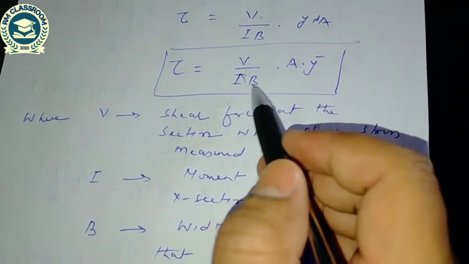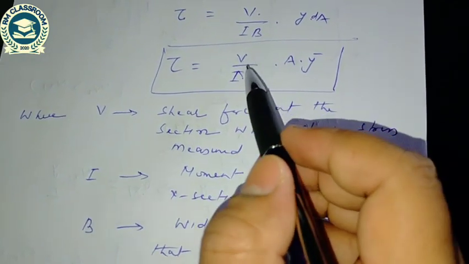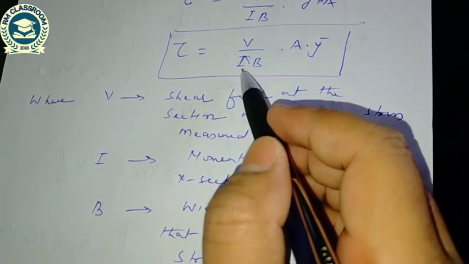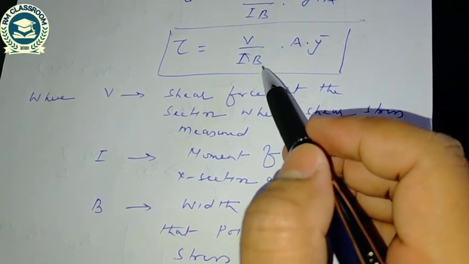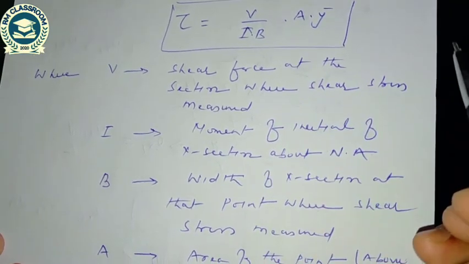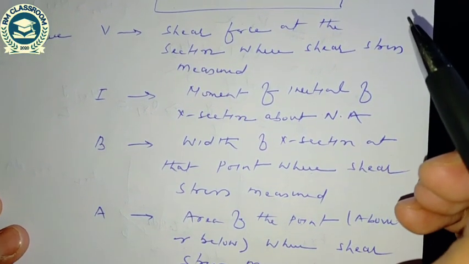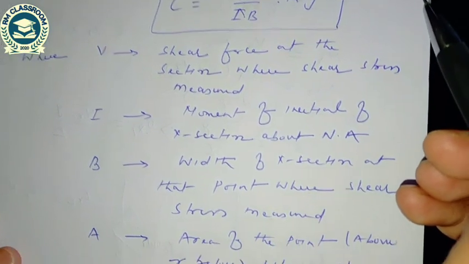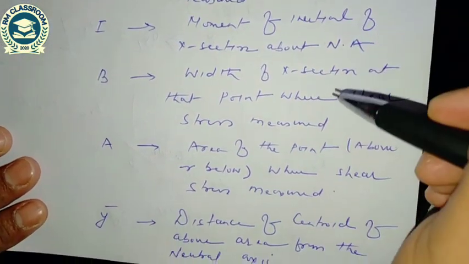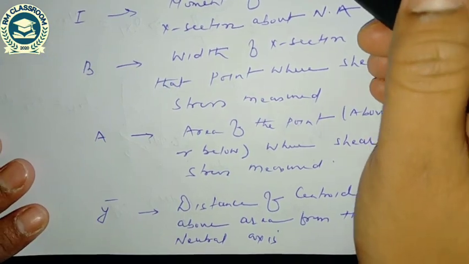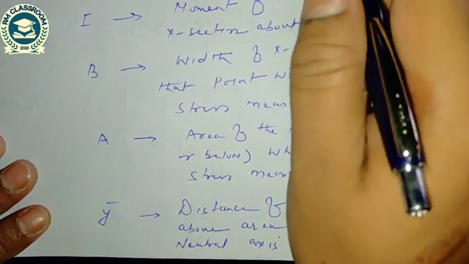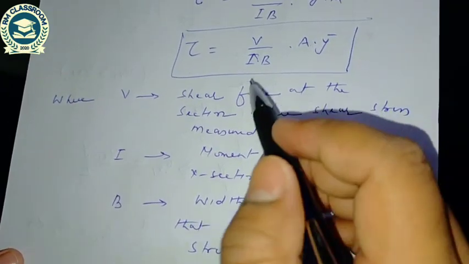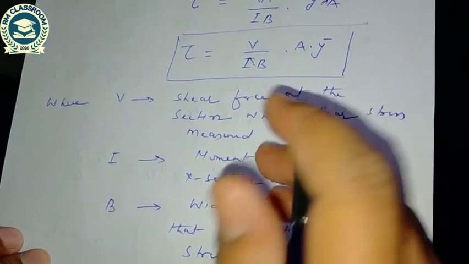Tau is equal to V by Ib into A y bar, where V is the shear force at the section where we have to compute the shear stress, I is the moment of inertia of that cross section, and b is the width of the cross section at that point. A is the area above the point where shear stress is measured, and y bar is the distance of the centroid of that area from the neutral axis. With the help of this, we can compute the value of shear stress at any point.